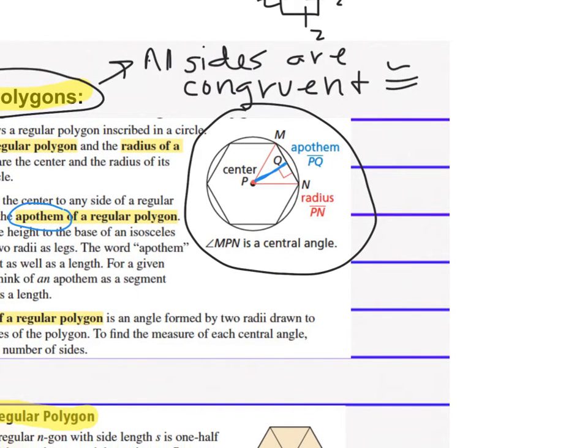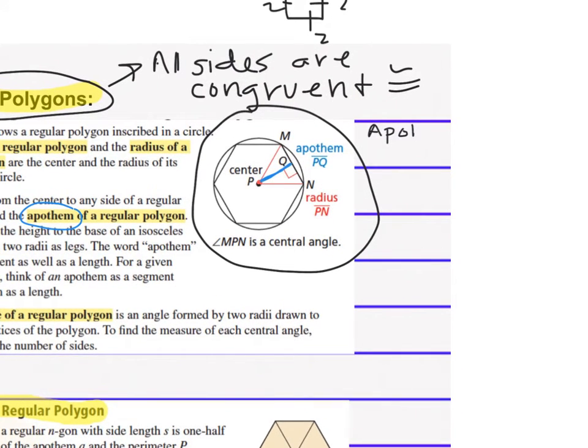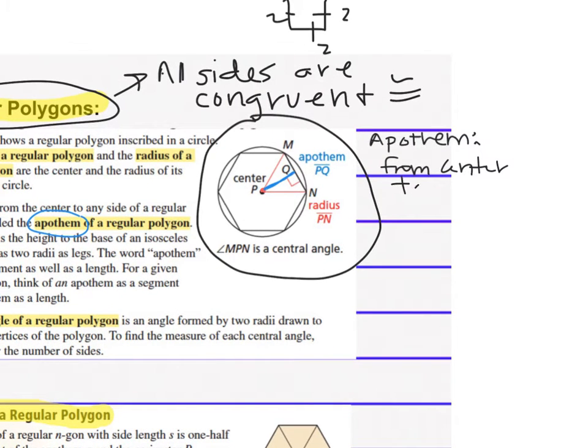So I'm going to move this over a little bit. Maybe you want to write apothem. It goes from the center to the opposite side, so not to the vertices like M and N. It goes from P to Q to the opposite side, and it is perpendicular, so it's forming a right angle, and it creates two isosceles triangles.